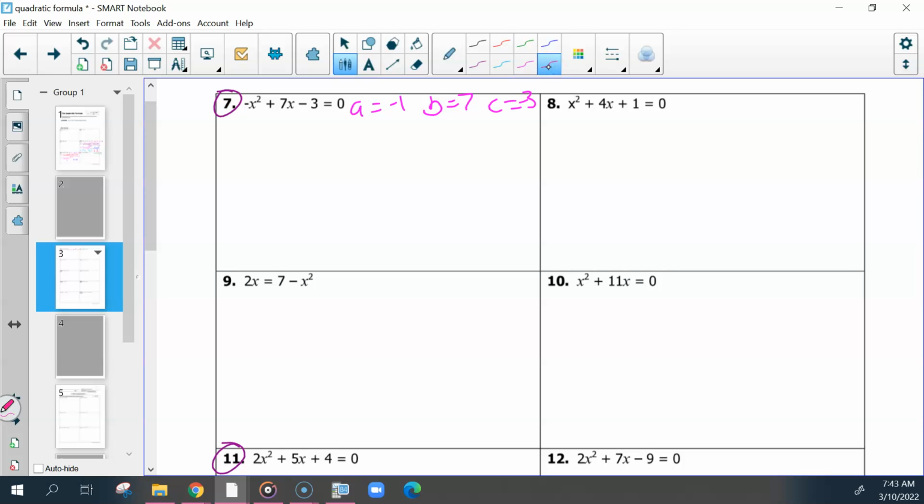Put those into your formula. X equals -b plus or minus the square root of b squared minus 4 times a. Be careful, your a is now negative, times c, all over 2a.